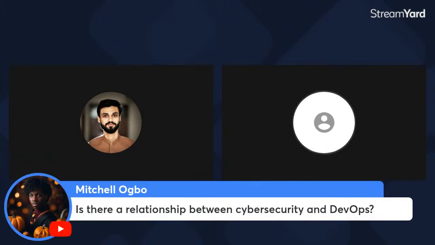Okay. Is there a relationship between cybersecurity and DevOps? A little bit, a thin line. The relationship there is very thin because cybersecurity entails a lot of things like pen testing. The only place where both of them meet is that cybersecurity also involves someone hacking your system, but DevOps doesn't have to do with someone's system, right?